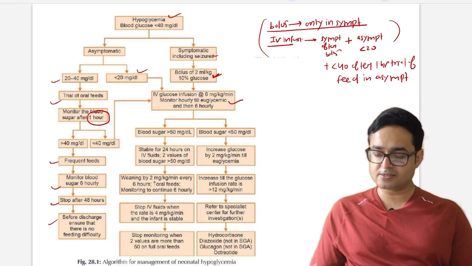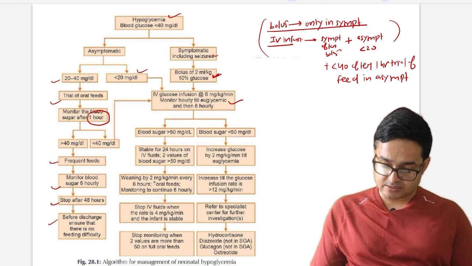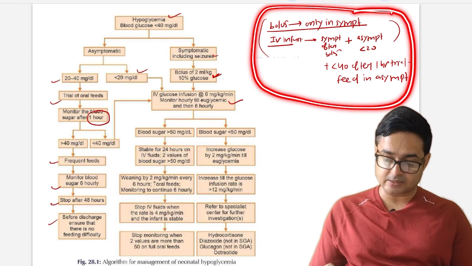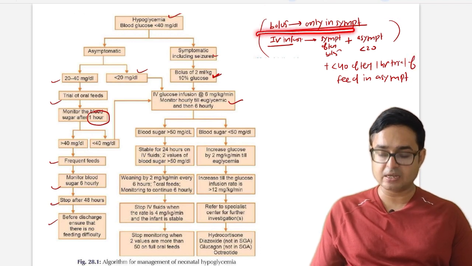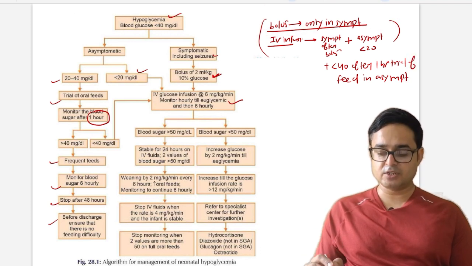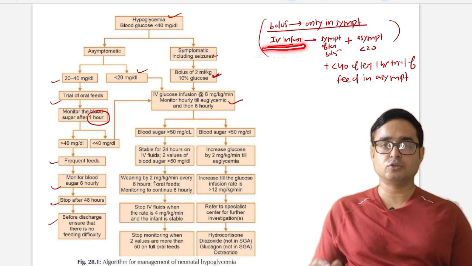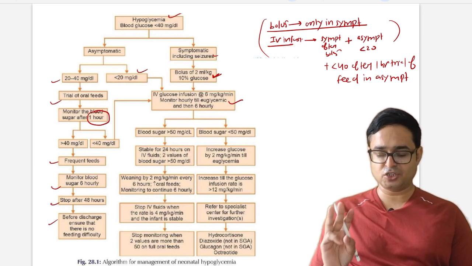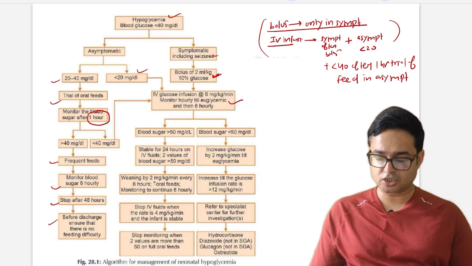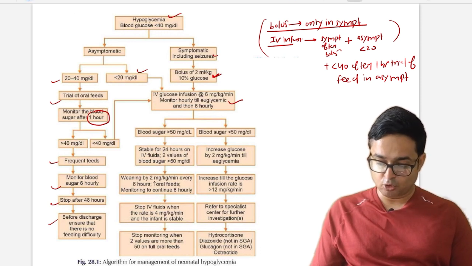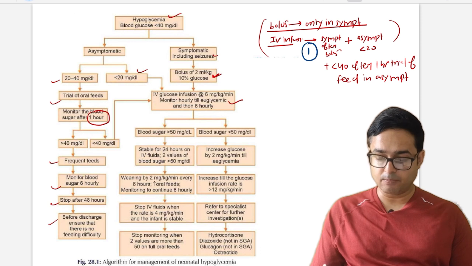After 1 hour, if it is less than 40, just start glucose infusion. So this is the crux, and it is important. Bolus we have to give in a symptomatic newborn. But what about IV infusion of glucose? There are three indications. First, symptomatic hypoglycemia after bolus.